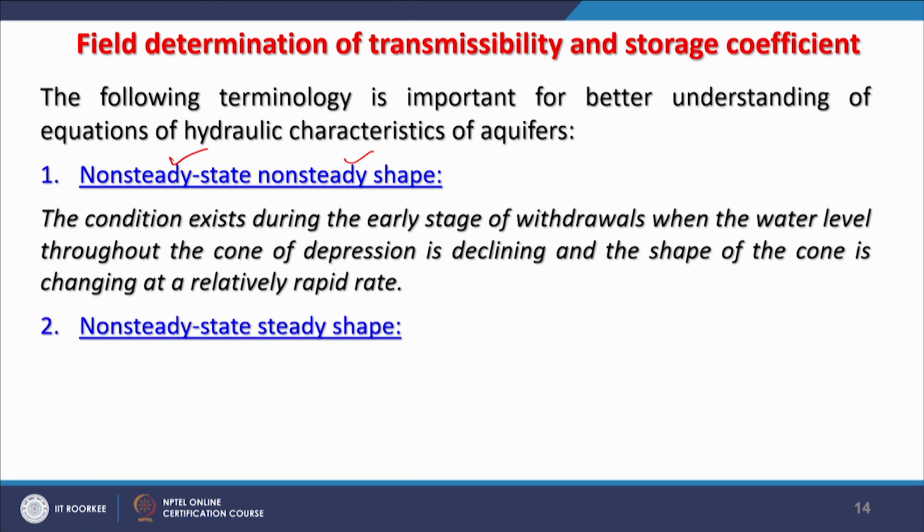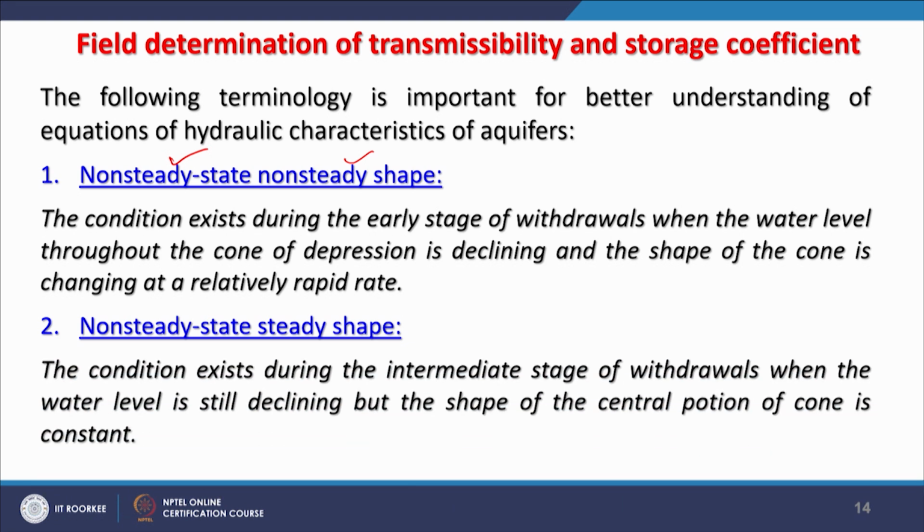Another condition can be non-steady state, but steady shape. That means the water level in the well is declining, but overall the cone of depression has got stabilized. Here the condition exists during the intermediate stage, and this was the early stage of withdrawal with non-steady state and non-steady shape.